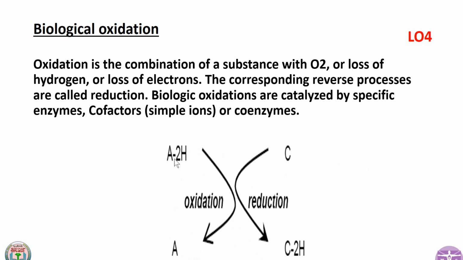When there is a molecule AH2, which is a reduced form, it will be oxidized to molecule A and lose its hydrogen atoms. These hydrogen atoms are used by another molecule, which is converted from its oxidized form to its reduced form by gaining the hydrogen atoms released during the oxidation process.